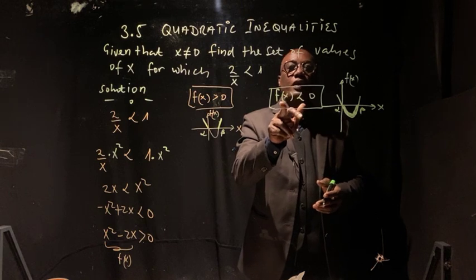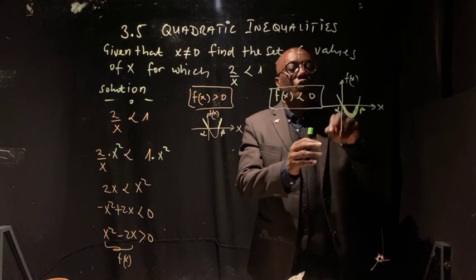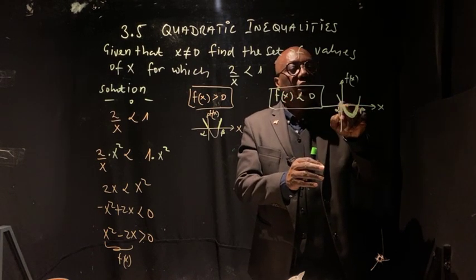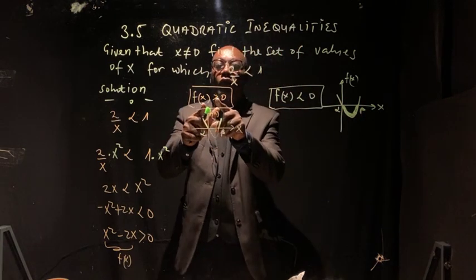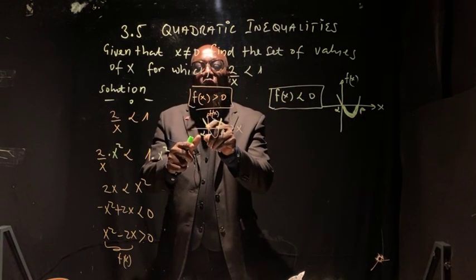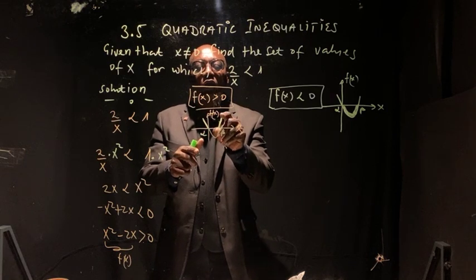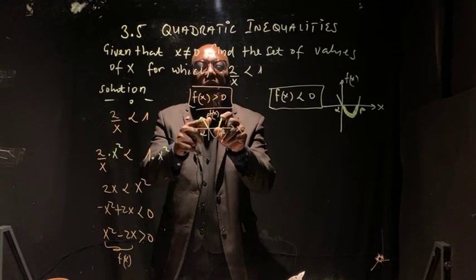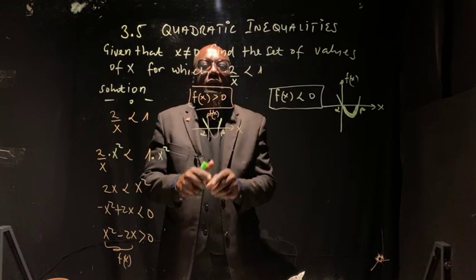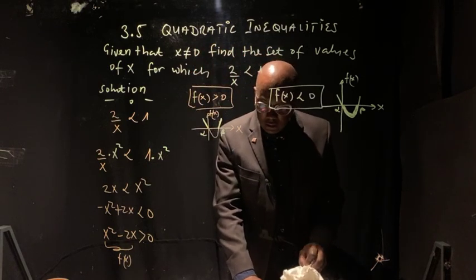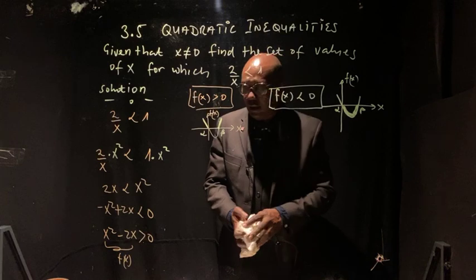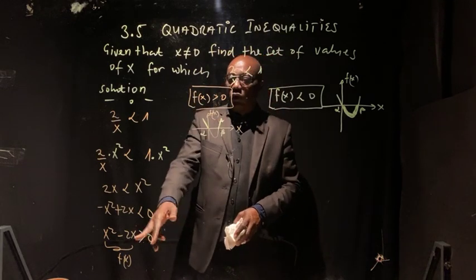Whenever f of x is less than 0, we will consider the lower portion of the graph that is below the x-axis. Whenever f of x is greater than 0, then we consider the upper portion of the f of x graph that is above the x-axis. That was the point of illustration. Now, having illustrated that, then we'll move on to this point.